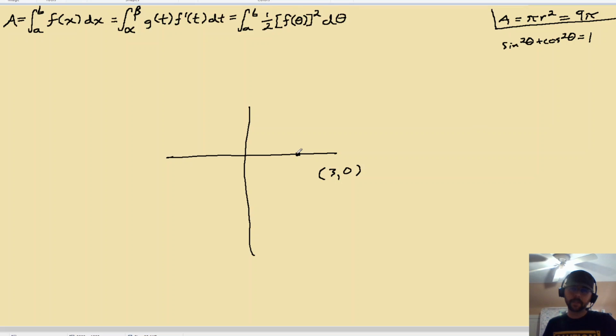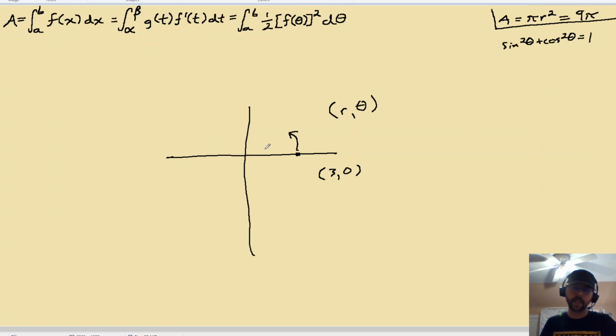But to label this point in polar coordinates, you use r theta, where r represents the distance from the origin, so it's telling you to move 3 units from the origin, and theta tells you what angle to rotate in the counterclockwise direction from the x-axis.